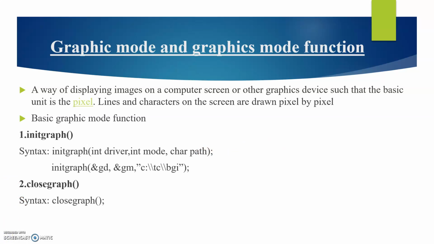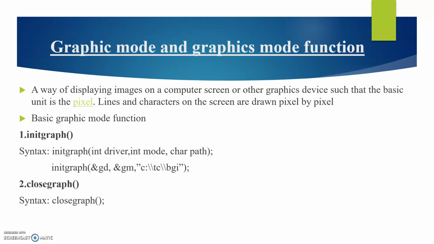In text mode, a display screen is divided into rows and columns or boxes. Then let's study the graphics mode.